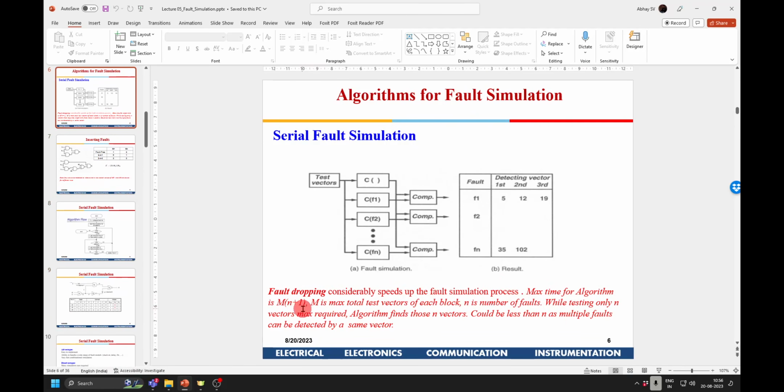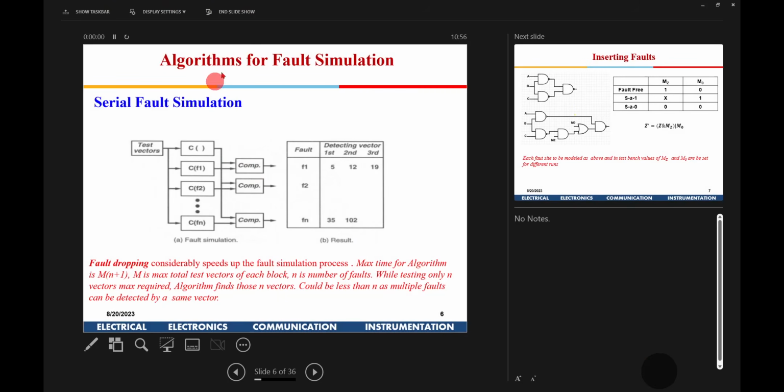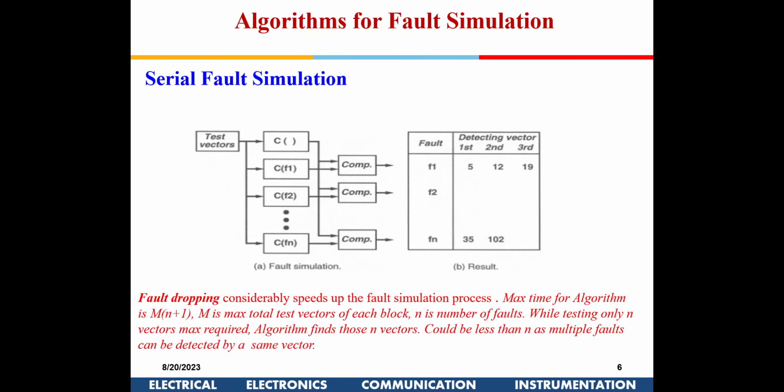For m as the maximum test vectors and n the number of faults, these many runs may be required, and ultimately n vectors will be required, right?